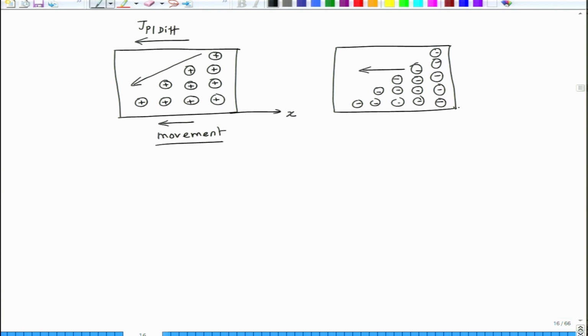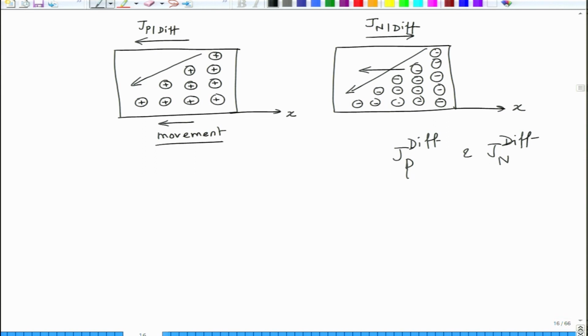If this is x, the distance scale, and you have a concentration gradient like this, the diffusion will take place in this direction, but the current will be measured in the opposite direction. So, this will be Jn diff. You can also write it as Jp diff and Jn diff. Of course, these are vectors also, so you can write them in vectorial form. We will in fact eventually write them in vectorial form.